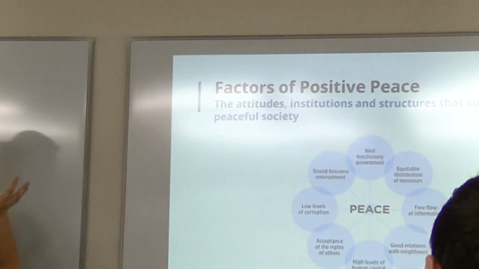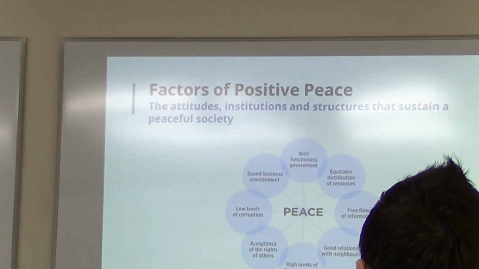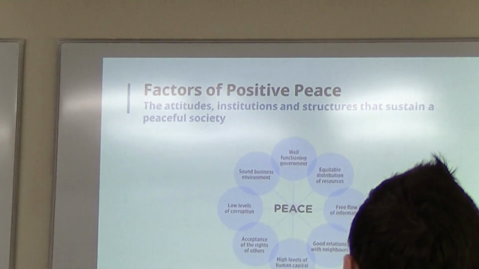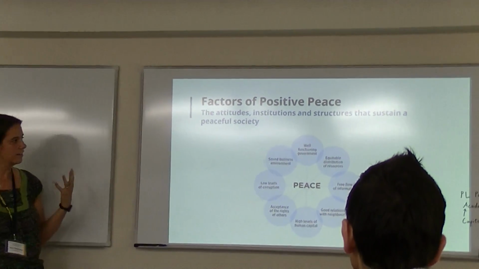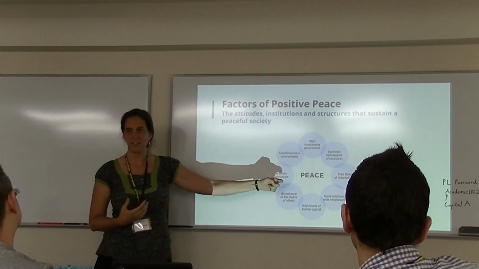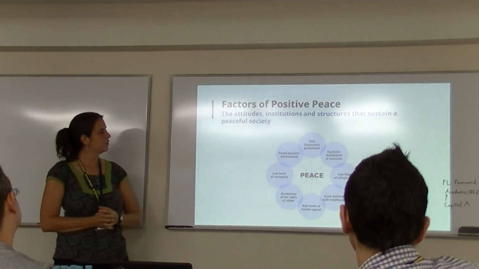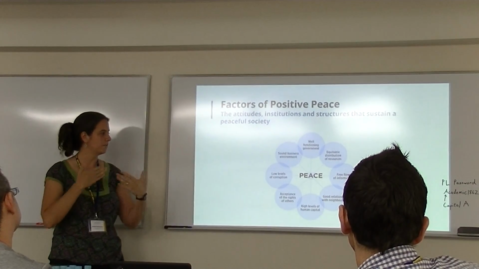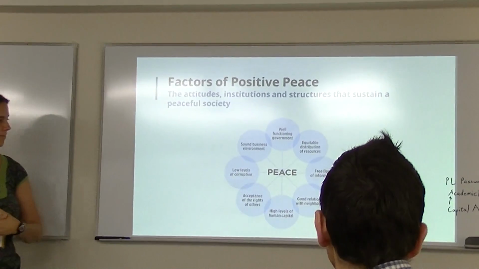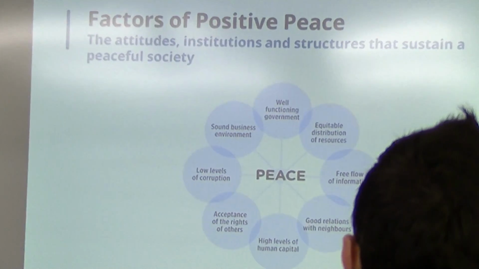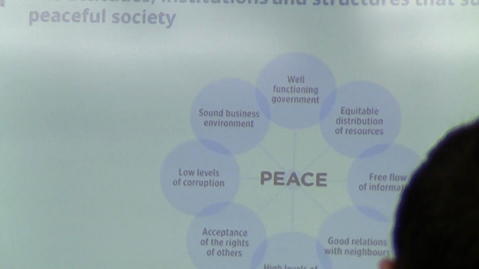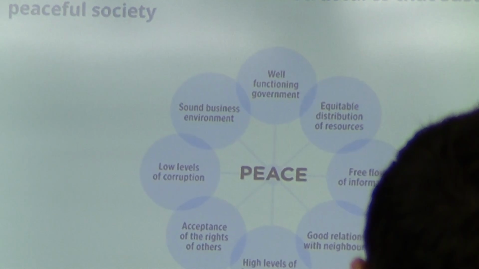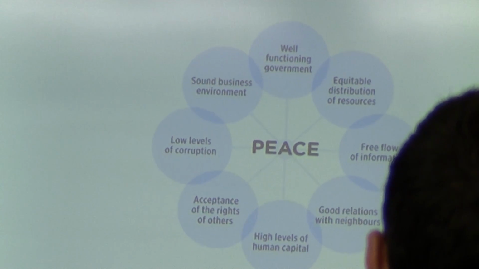These will sound very logical and common sense to you. The attitudes, institutions, and structures that sustain a peaceful society, no surprise, are a well-functioning government, equitable distribution of resources, free flow of information, good relationships with neighbors, high levels of human capital, acceptance of the rights of others, low levels of corruption, and a sound business environment.